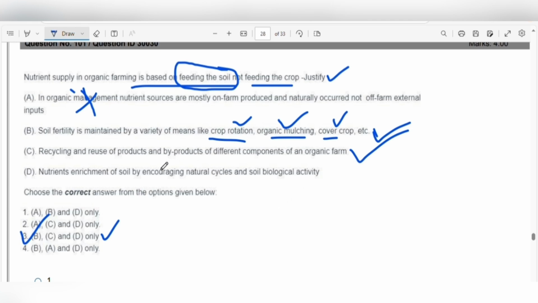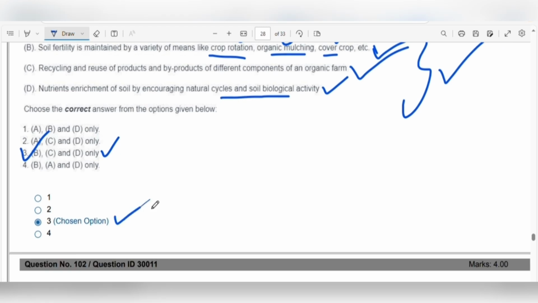And finally, nutrient enrichment of soil by encouraging natural cycles and soil biological activity. With a healthy soil, having a good microbial population, it will of course enhance the enrichment of soil by natural cycles and biological activity. So B, C, D are correct, and option 3 will be the correct answer.